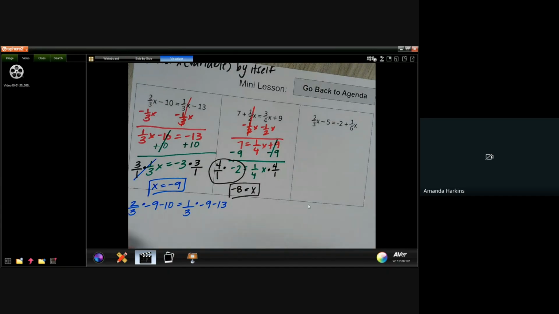I can always check my answer by doing 7 plus 1/2 times negative 8 equals 3/4 times negative 8 plus 9.